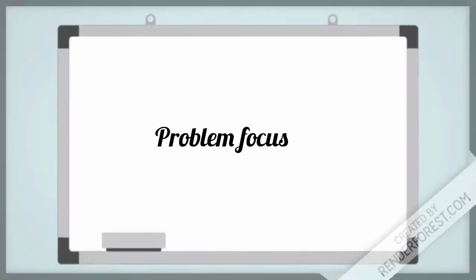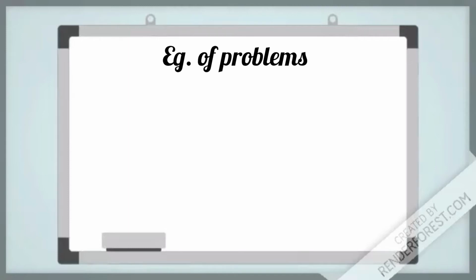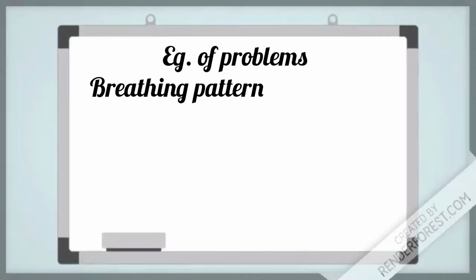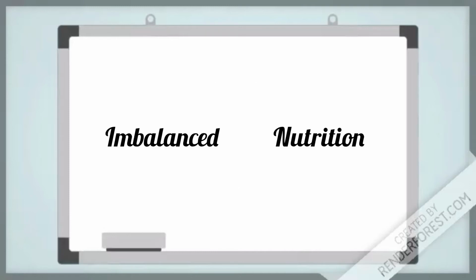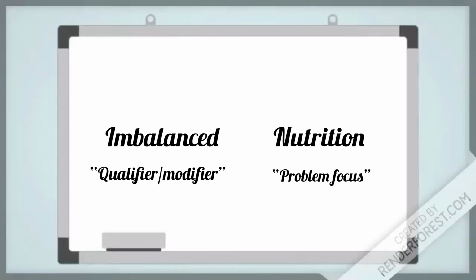So we have the qualifier or the modifier, and then we have the problem focus. So the problem, let's say, is the breathing pattern. The problem can be fluid volume. The problem can be gaseous exchange. The problem can be nutrition.